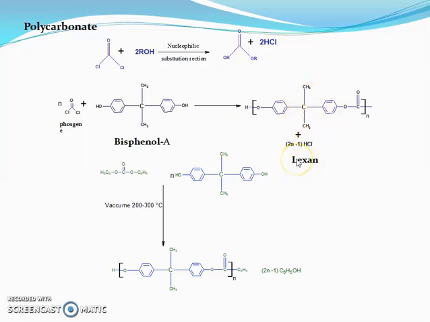Then this Lexan can be prepared by the action of diphenyl carbonate. It can be condensed with diphenyl carbonate in presence of vacuum at 200 to 300 degrees centigrade to get the product, polyLexan.